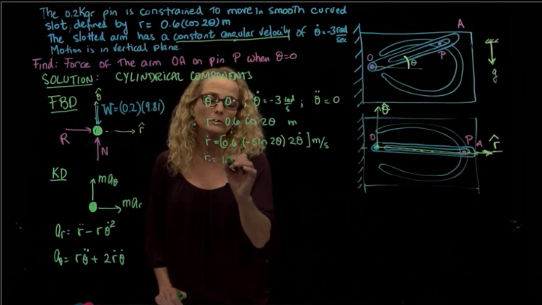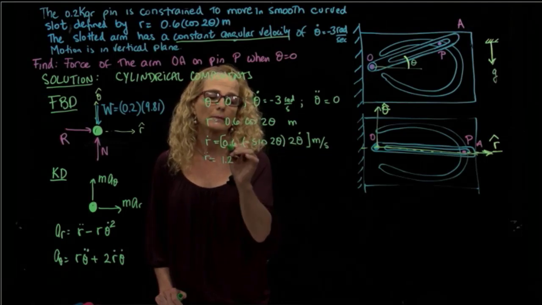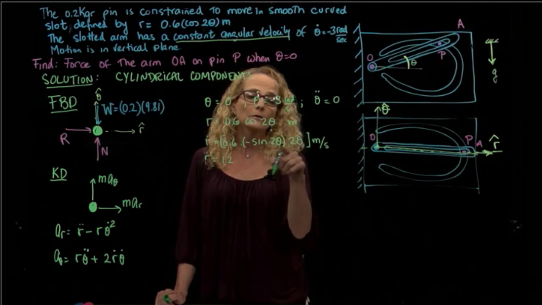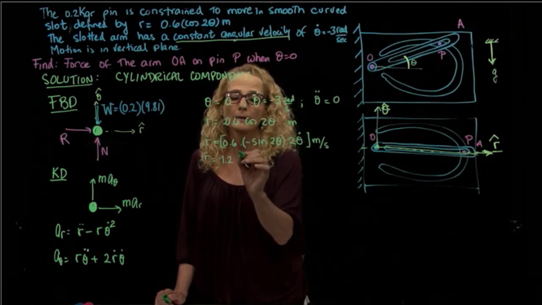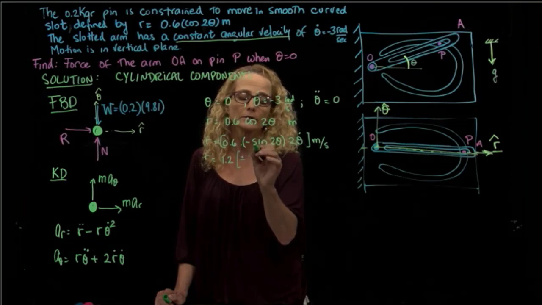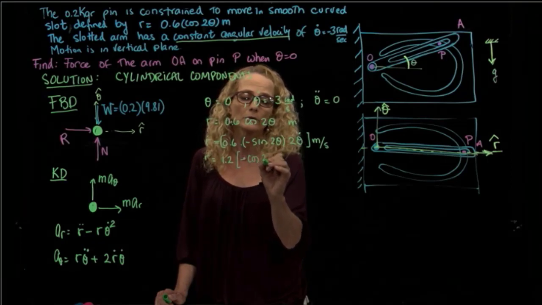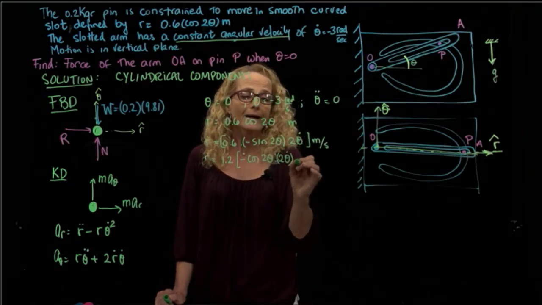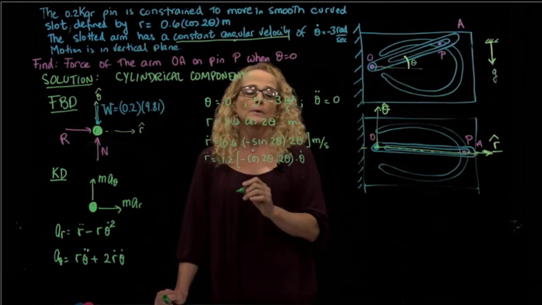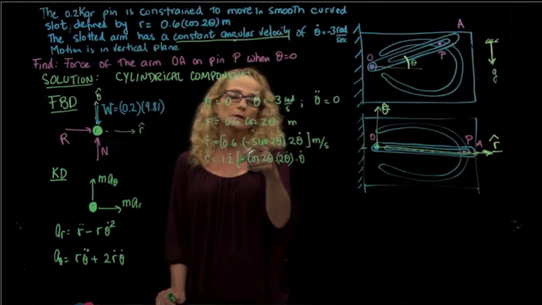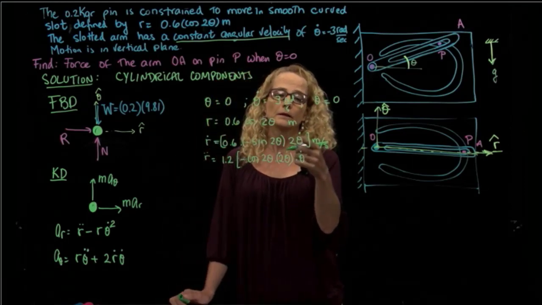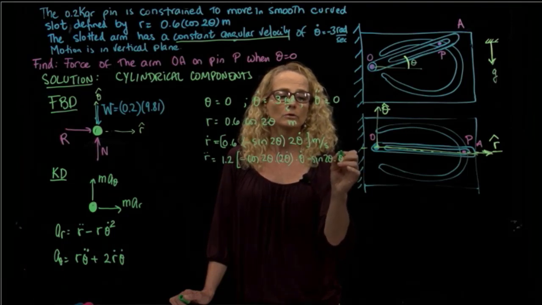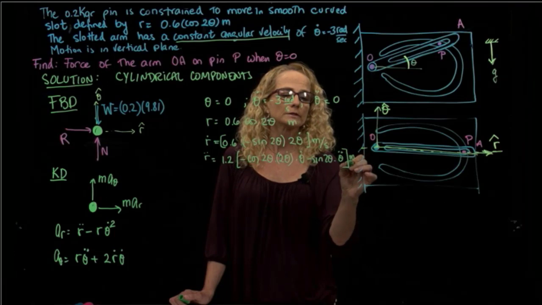That will be 1.2, which is this 2 multiplied by this 0.6. Then we have the derivative of two functions. I multiply the first function by the derivative of sine, which is cosine 2θ, times the internal derivative, times θ dot. Then I have the first function multiplied by the derivative of the second, which will be negative sine 2θ times θ double dot. This is meters per second squared.